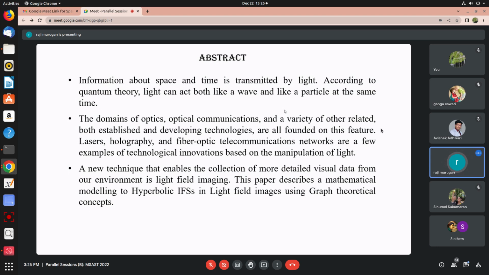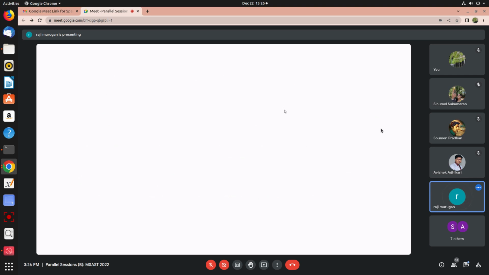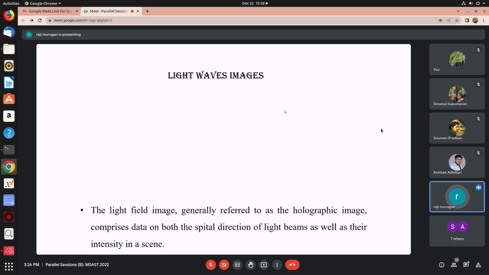A new technique that enables the collection of more detailed visual data from our environment is light field imaging. This paper describes a mathematical modeling of hyperbolic iterated function systems in light field images using graph theoretical concepts. Here we are going to see about light field images, graphs, and fractals. From this, hyperbolic iterated function system for light wave images can be defined.